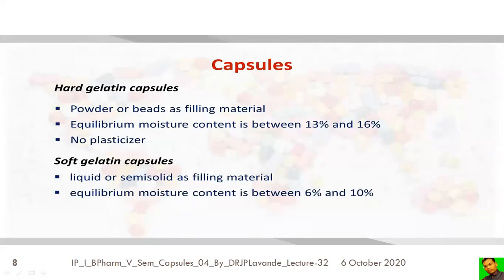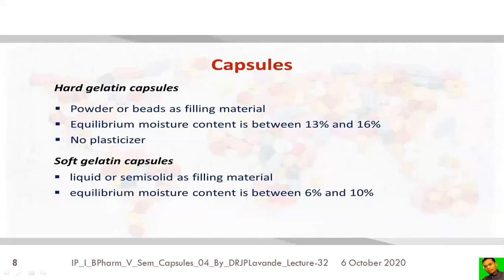Powder or beads can be filled as filling material in hard gelatin capsules, while in soft gelatin capsules we are filling either liquids or semi-solid materials. Equilibrium moisture content in hard gelatin capsules is 13 to 16%, while in soft gelatin capsules it is 6 to 10%.